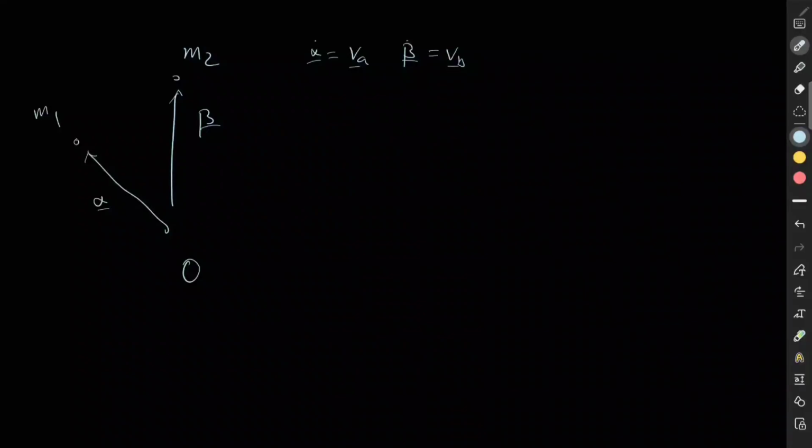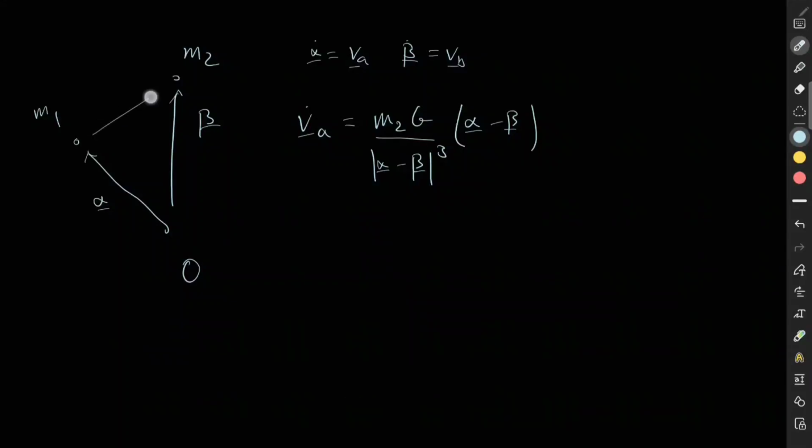Now this is basically Newton's second law, there's nothing much to it. So then we have VA dot, i.e. the acceleration, is equal to m2 G over the modulus of alpha minus beta, cubed, in the direction of alpha minus beta.